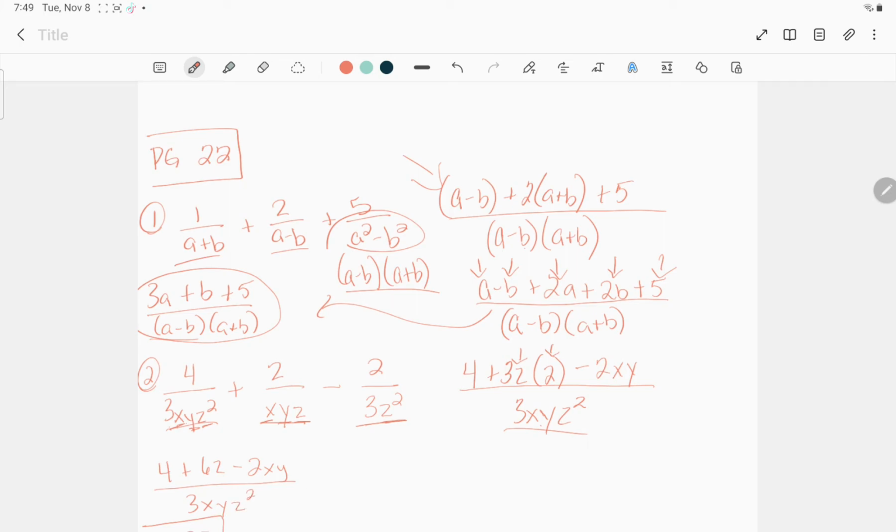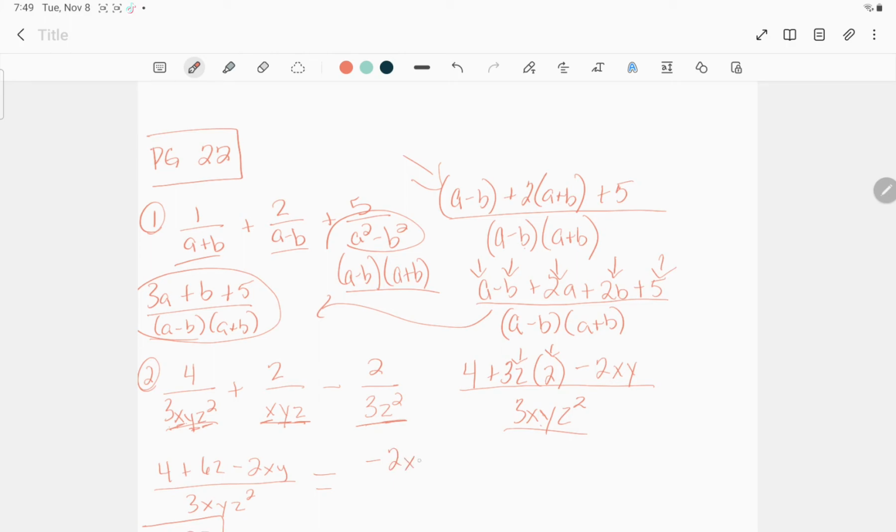This is not correct because it is not in the correct order. So you have to rewrite this and put it in the correct order. Why? Because math says so.